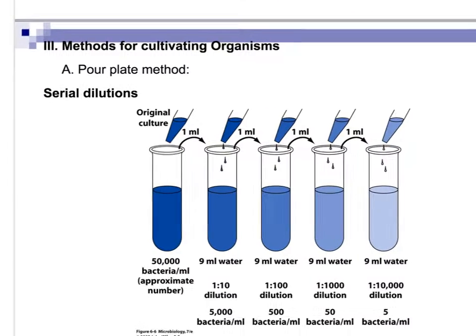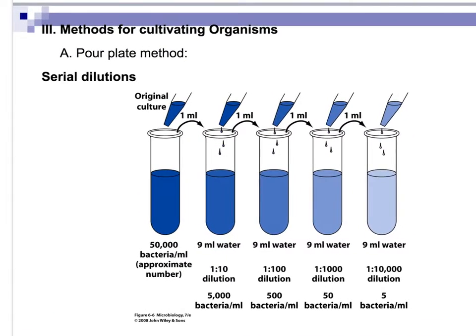Okay, so I have a couple things on this slide. This slide is to explain how we do serial dilutions. So here's serial dilutions. I'm going to get a pointer.